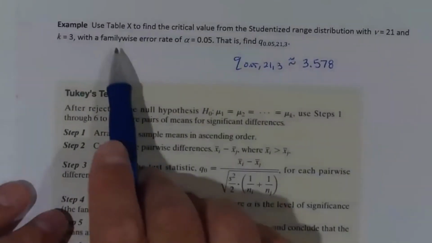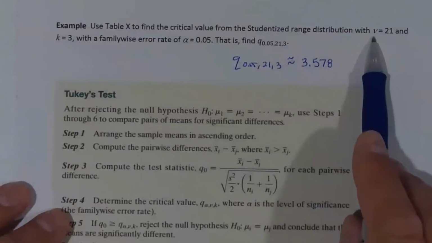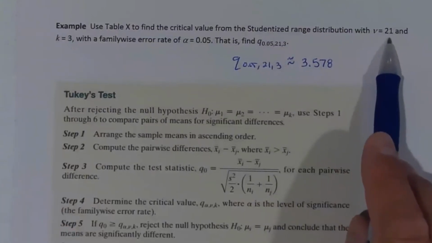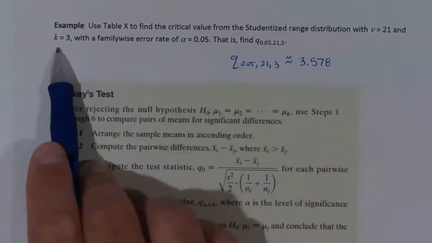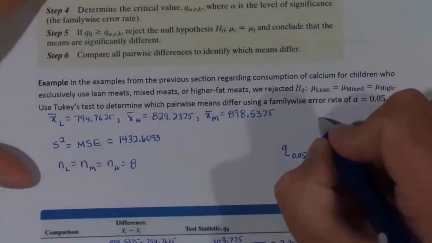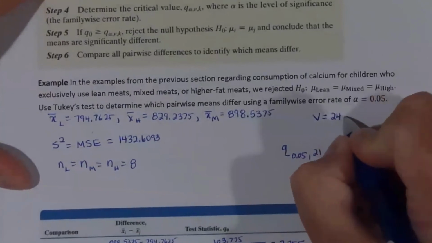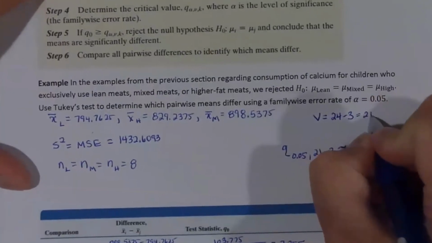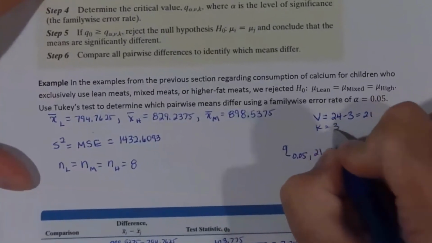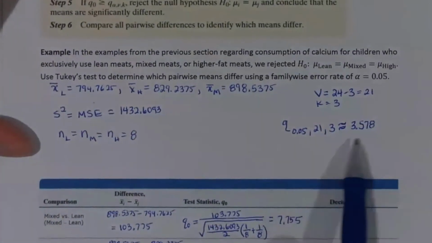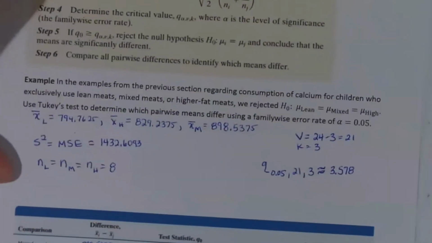And again, this is coming from the fact that we had 21 degrees of freedom due to error, and that's coming from 24 minus 3. And we had 3 different categories that we were comparing. So again, our V in this particular case is 24 minus 3, which is 21. Our K is 3. And so again, this is the critical value that we found before.